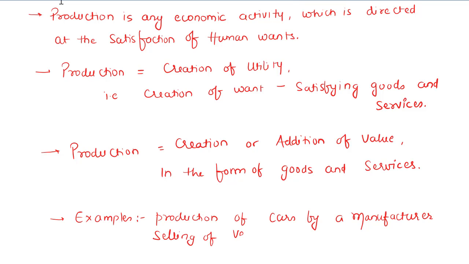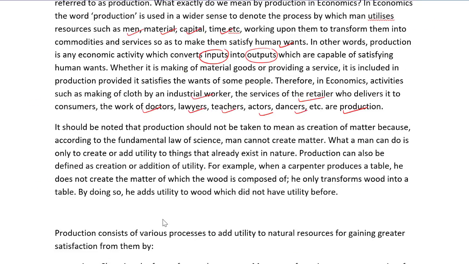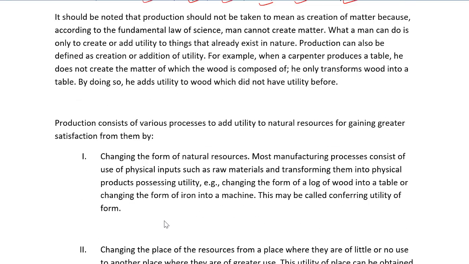Selling of vegetables by a vendor, etc. So students, if we try to understand how the creation of utility happens, that means the types of utilities.